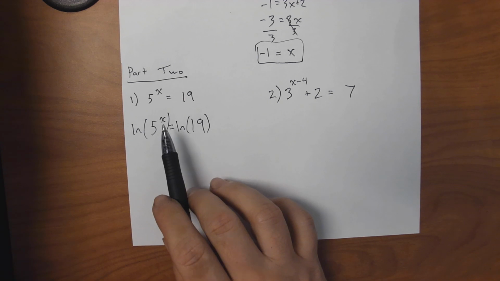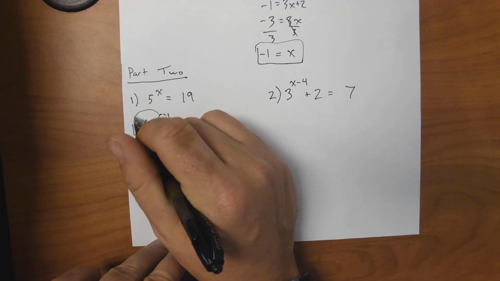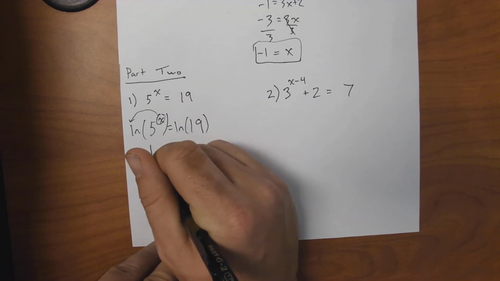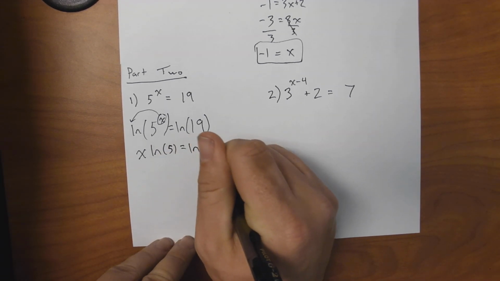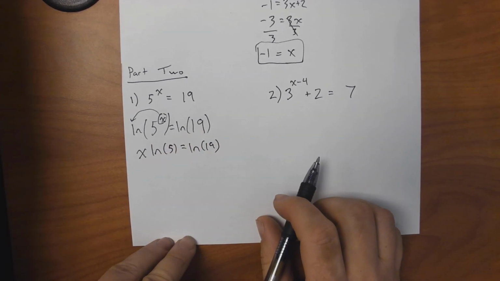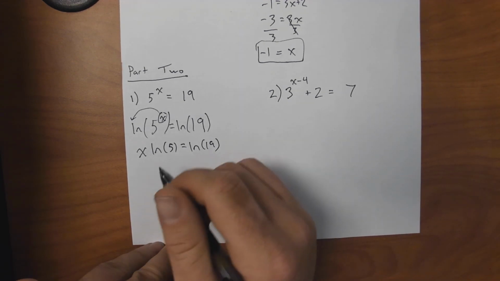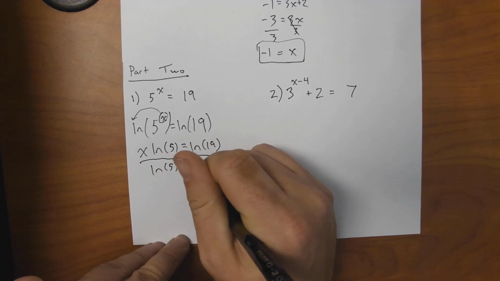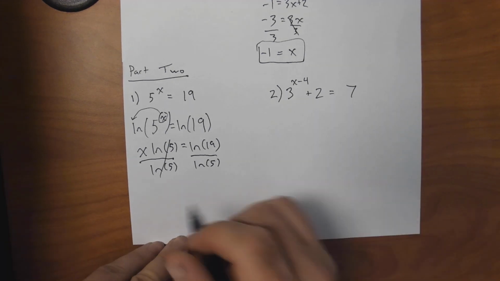Now note, properties of logarithms state you can take this exponent and pull it out front as a coefficient. So that means x times natural log of 5 equals natural log of 19. And then to get x by itself, all I have to do is divide. There you have it. There's our answer.